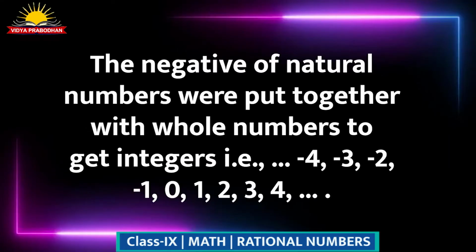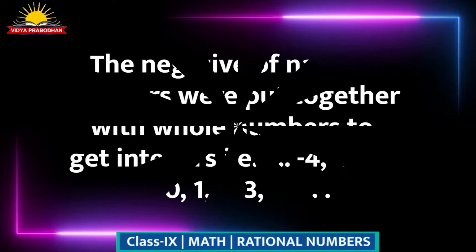The negative of natural numbers were put together with whole numbers to get integers, that is -4, -3, -2, -1, 0, 1, 2, 3, 4 and so on.